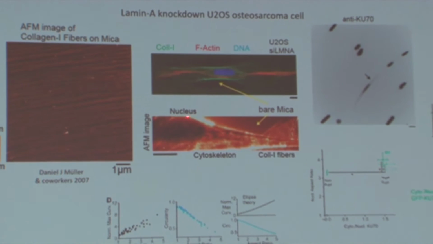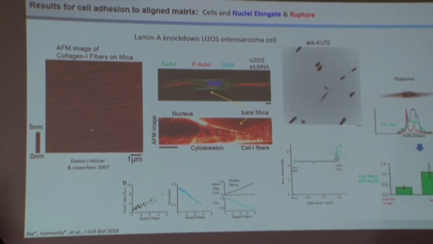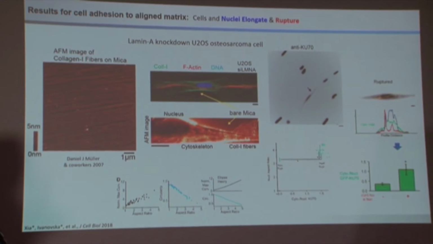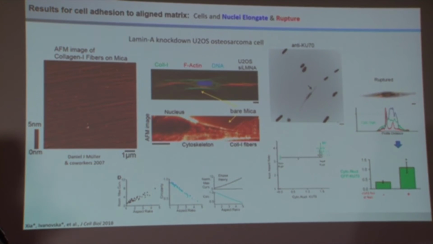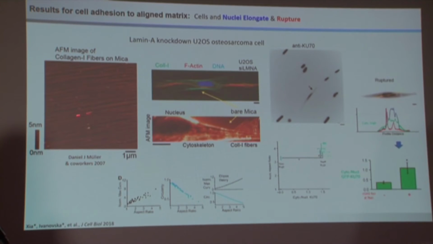You can see that when the cells start to pull on the collagen fibers, they can squeeze them, but they cannot really deform them in the direction of the fiber because it's much stiffer, so they are forced to spread.